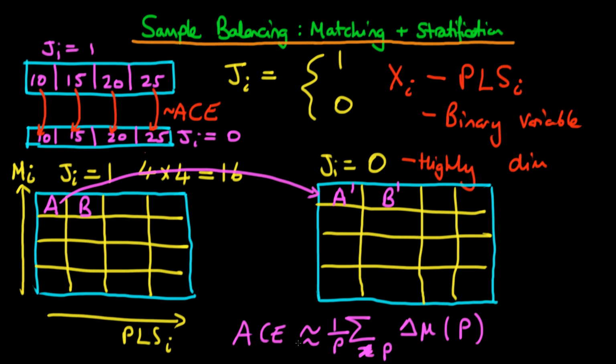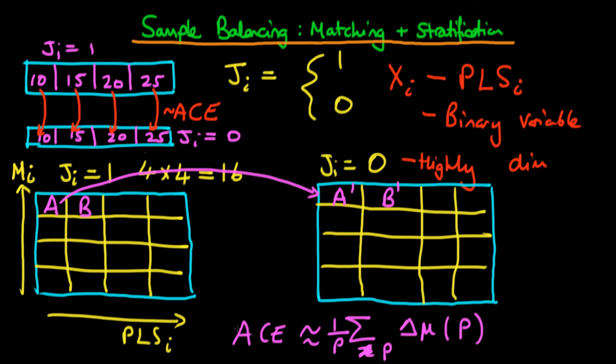Then an average causal effect across the entire sample might represent an average across each of these different differences in mean. So even though this provides a way, in this quite simple example, of actually coming up with an estimate of the average causal effect, the dangers of this method are quite obvious.